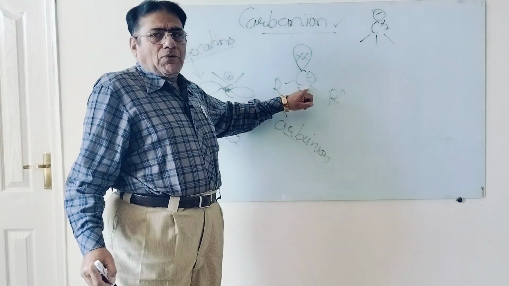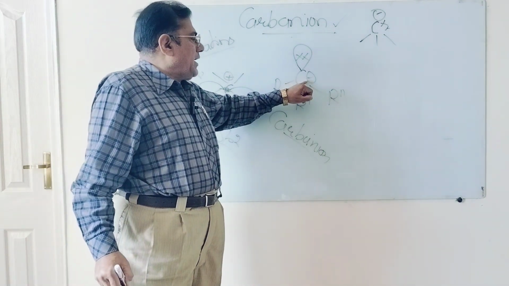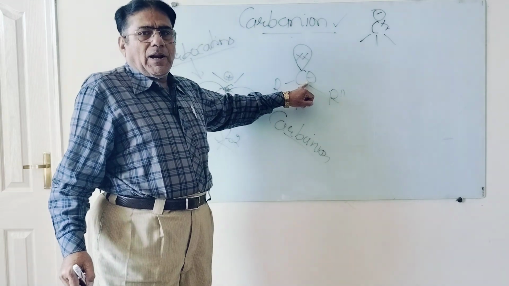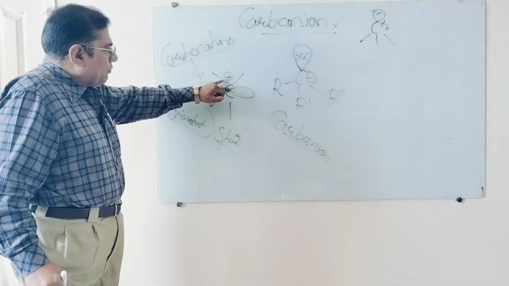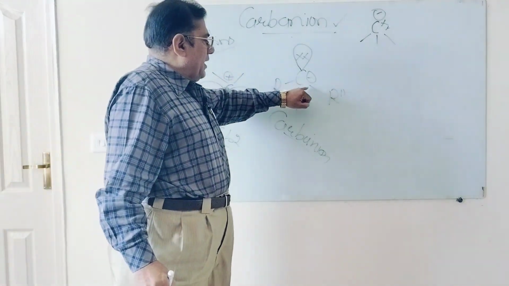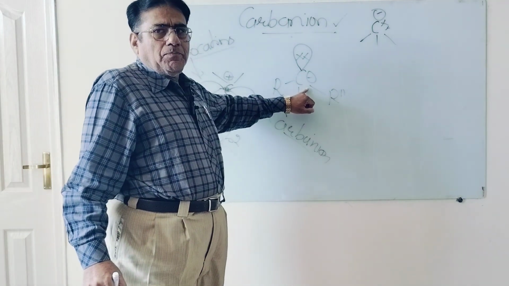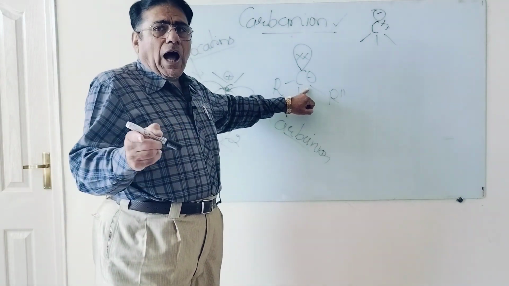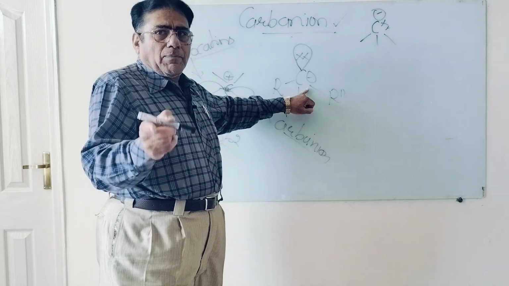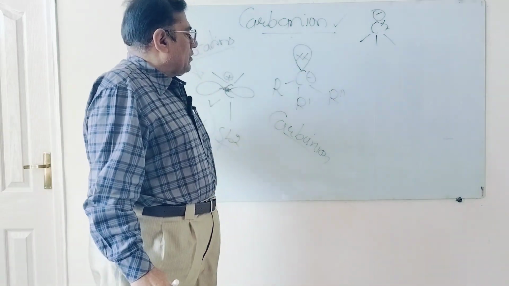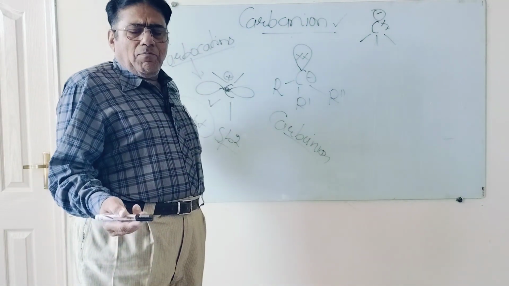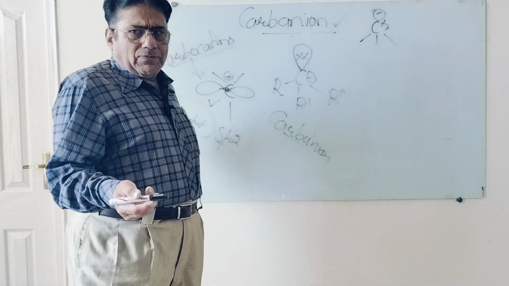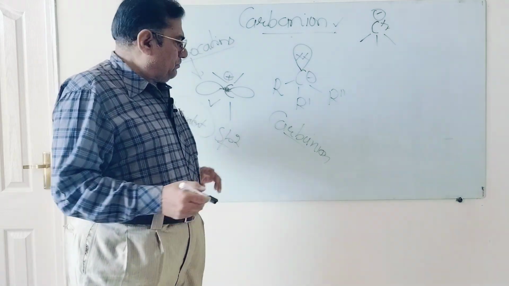So what is carbanion? Such a species of carbon in which negative charge is present on the carbon. In carbocation, positive charge was present; in carbanion, negative charge is present. Because one lone pair is there, that's why it is negatively charged.